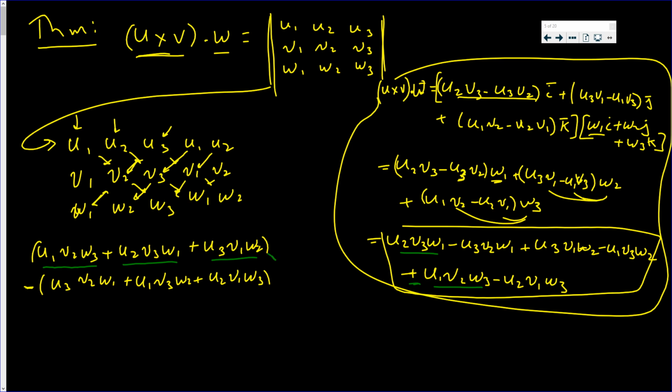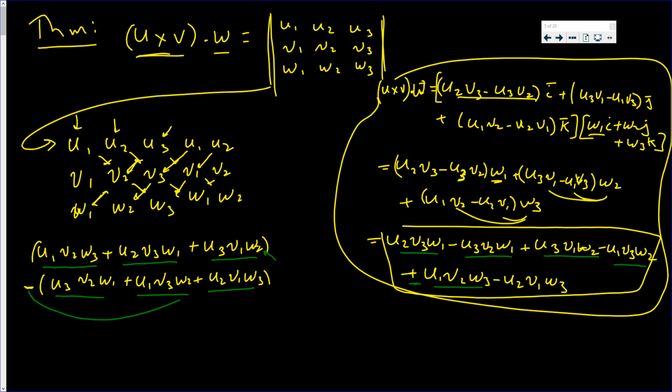It does say W2. U3 V1 W2 minus U3 V2 W1 minus U1 V3 W2 right there, minus that.